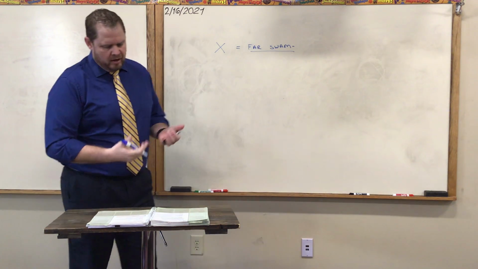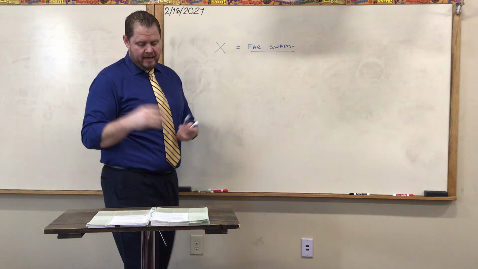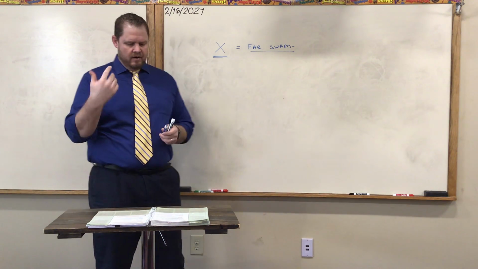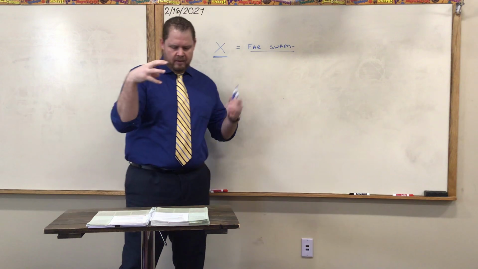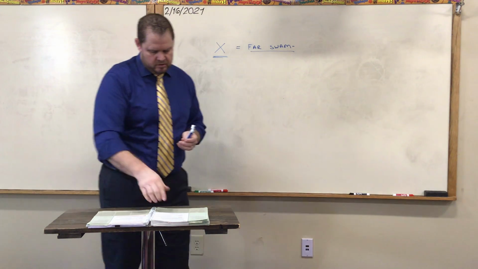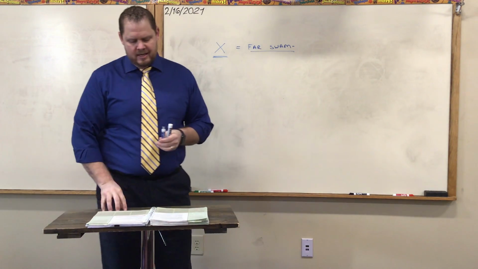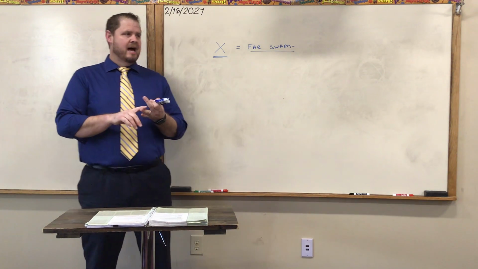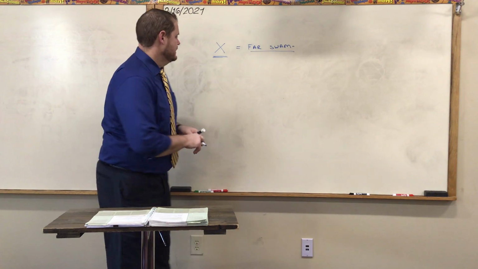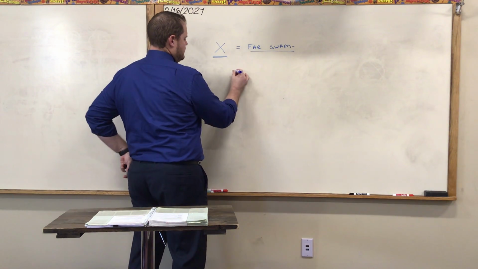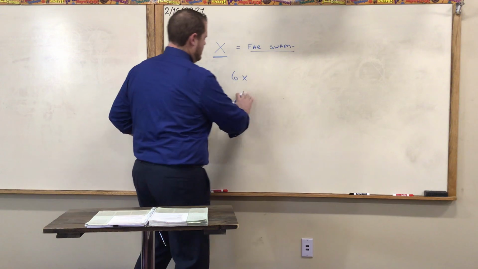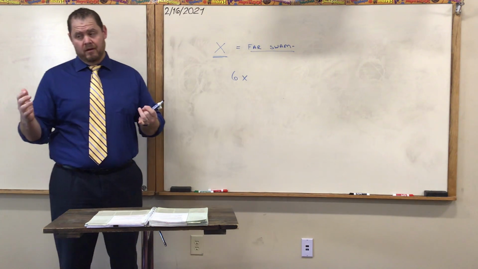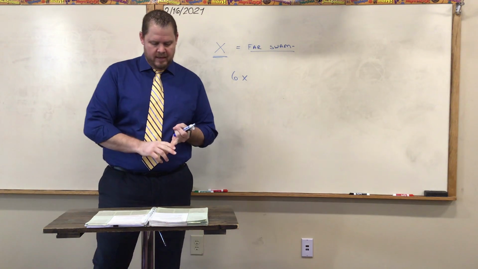Now, how far did he run? So let's go back to the equation. Now that we have a variable, we start with writing our variable, then we go back and put it into an equation. So here's what it said. Coach Mahoney ran 6 times as far as he swam. So 6 times what? 6 times how far he swam. So 6 times x. That's how far he ran. Does everybody follow that? So 6 times swimming.